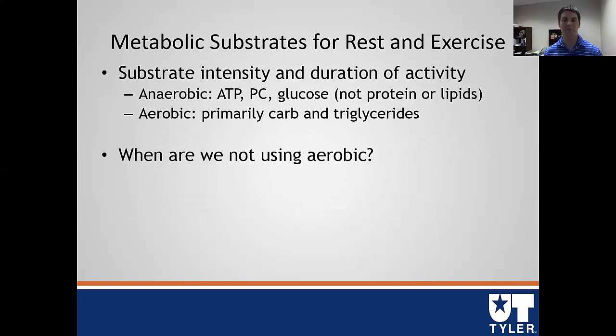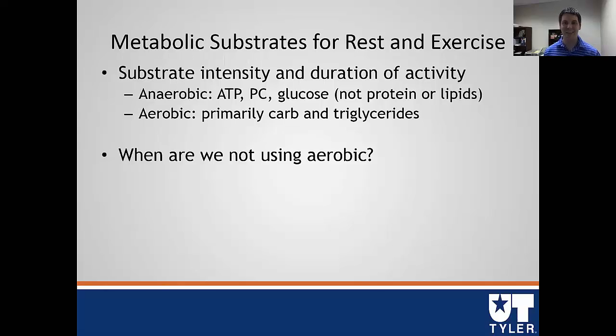So first we'll start out with metabolic substrates for rest and exercise. Substrate utilization is going to be dependent heavily on both the intensity and duration of exercise. Indeed, this is going to be the main factor for picking whether we're utilizing more carbohydrates or more fats. If you remember from the previous lecture, we can use anaerobic processes, defined as not requiring oxygen for the creation of ATP.